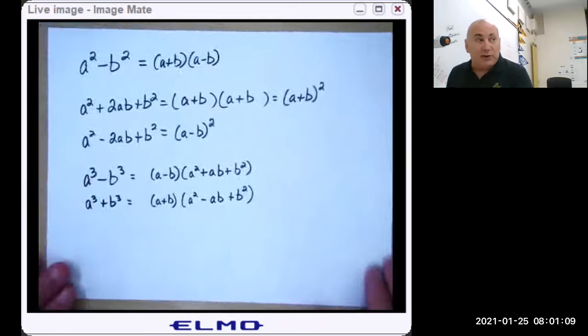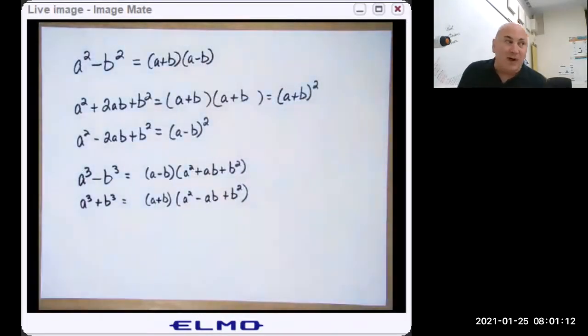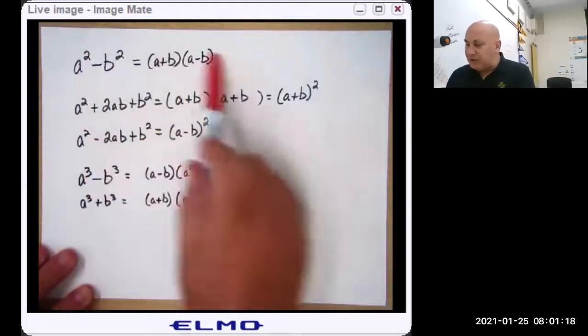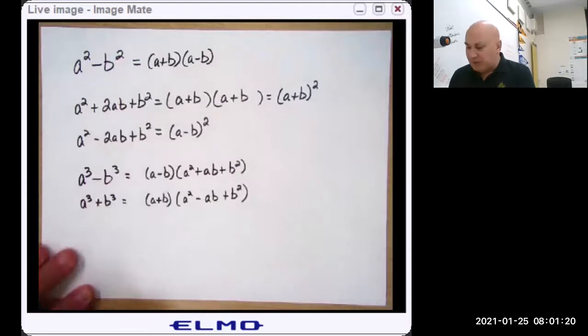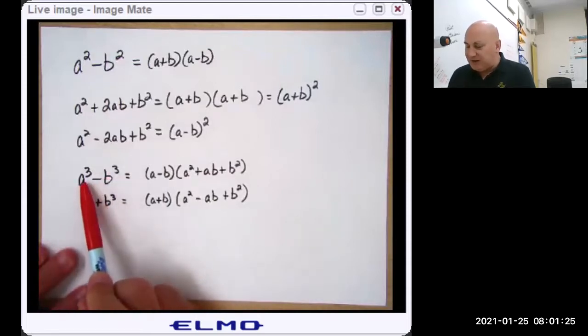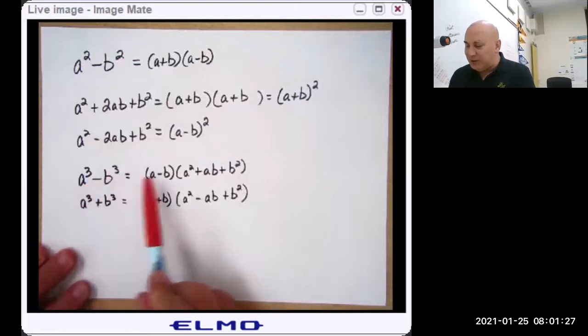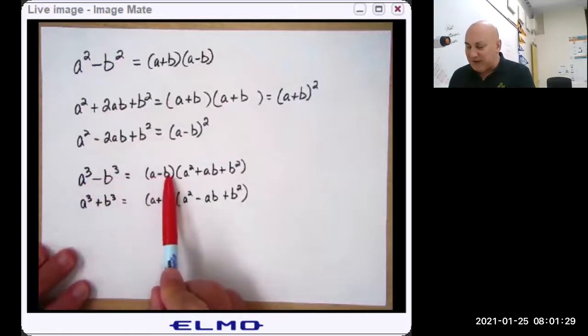It is vitally important that you know how to factor. And if you did not spend enough time factoring in your previous classes, then you have some work to do. And I would recommend memorizing these. These should look familiar even if you haven't memorized them. If you have never done the cubes before, notice if it's a cubed minus b cubed, a minus b is a factor.